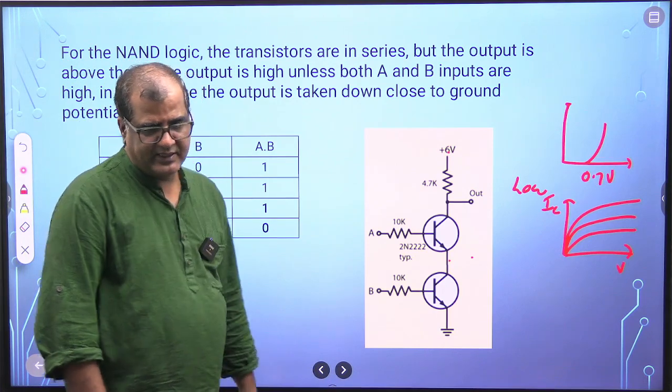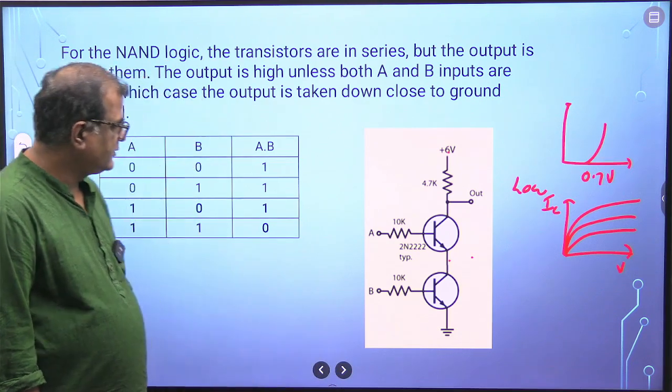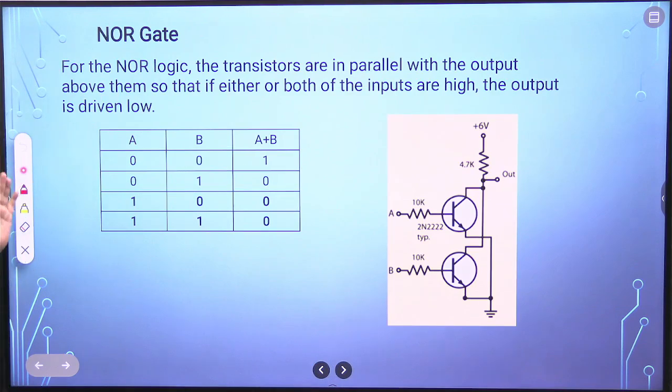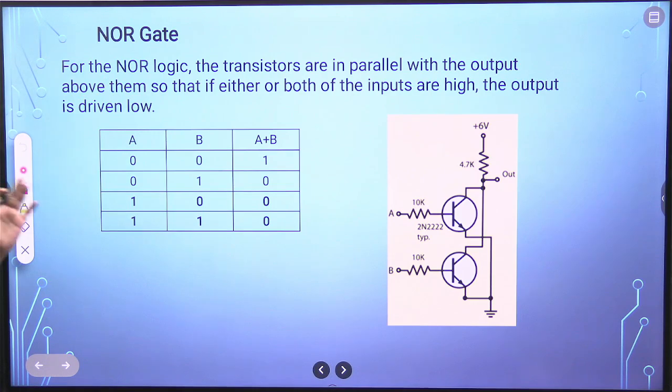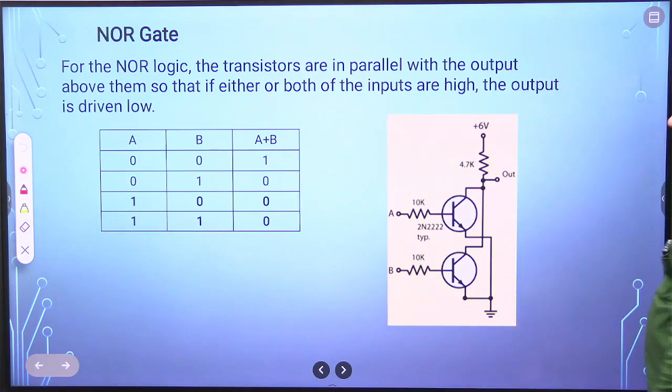Okay, next slide. Now this is the same as the OR gate, but there we were taking the output down, and here I will take the output up. VCC is connected to both collectors. Now tell me what will happen if the inputs are 0 0.